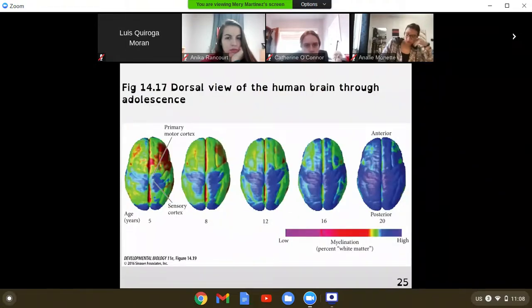For the longest time, we thought that the brain undergoes a rapid initial growth of neurons during the fetal period and early childhood, and then it stops growing. However, there is new evidence that shows that the brain continues to grow until late adolescence, puberty, and that different areas of the brain have different rates of maturity. It's not equal.